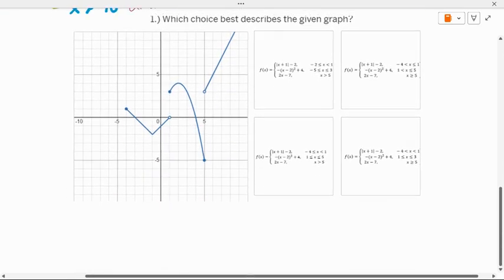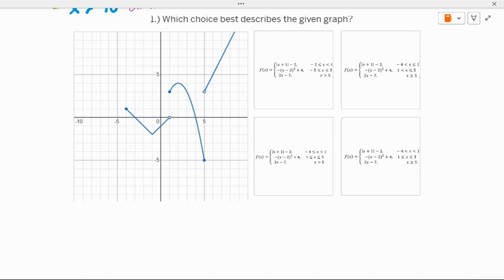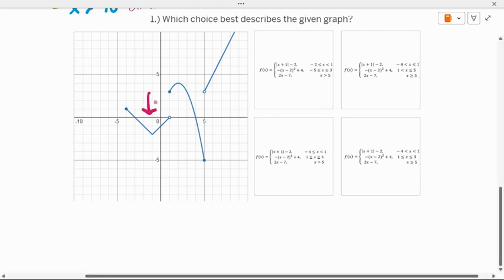All right. So let's take a look at this function. We have to choose which one of the piecewise functions, meaning which one of these rules, actually matches the graph. So let's first of all identify what types of functions we have. This first function is an absolute value function of some sort.